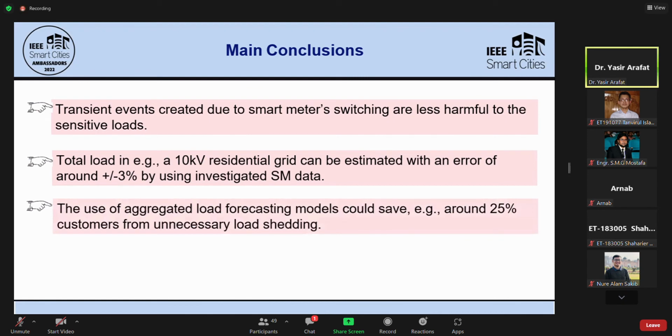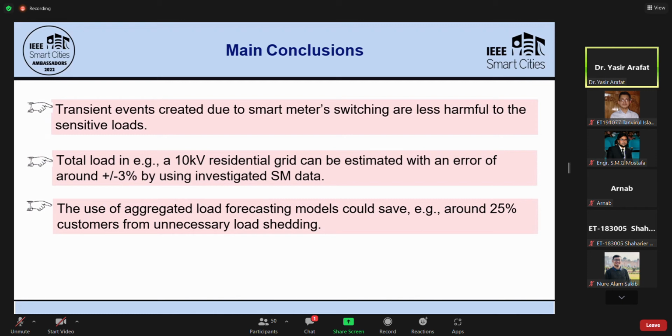And the third point is that the use of aggregated load forecasting models could save, for example, around 25% of customers from unnecessary load shedding. For example, the TSO ordered the DSO to disconnect 5 megawatt of load, but due to lack of knowledge of the current load value of the selected customers, the DSO could disconnect more customers or maybe fewer, but to be on the safe side, more load could be disconnected.